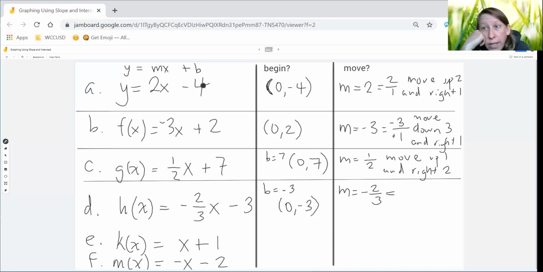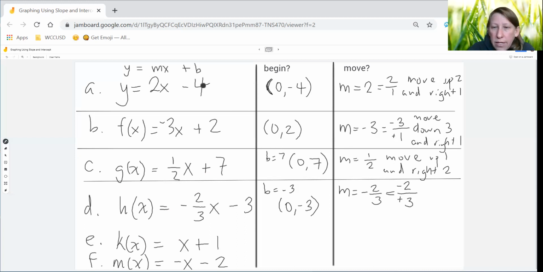Are you going to put the negative with the numerator or the denominator? Not with both. So for me, I'm going to put the negative with the 2, and the denominator is going to be +3. And that's really, really important. The negative does not go with both. It goes with one or the other.